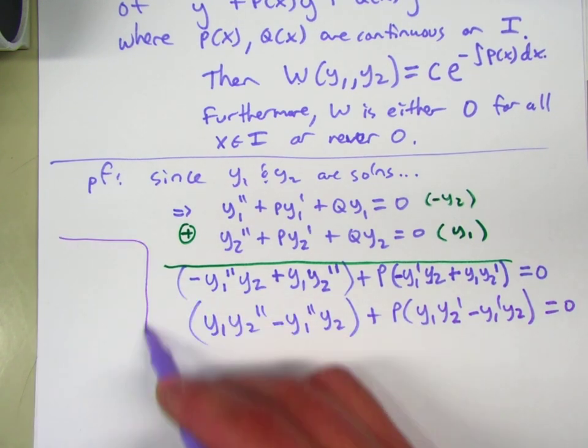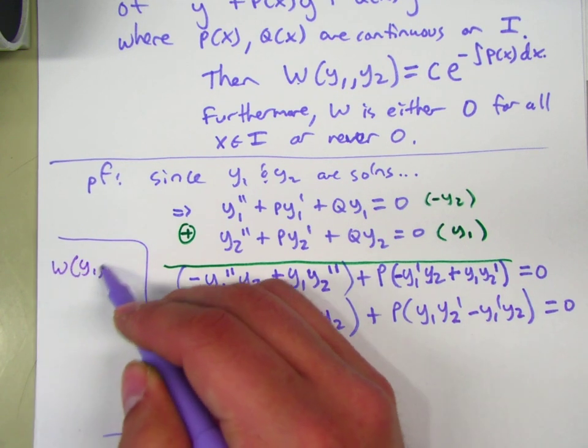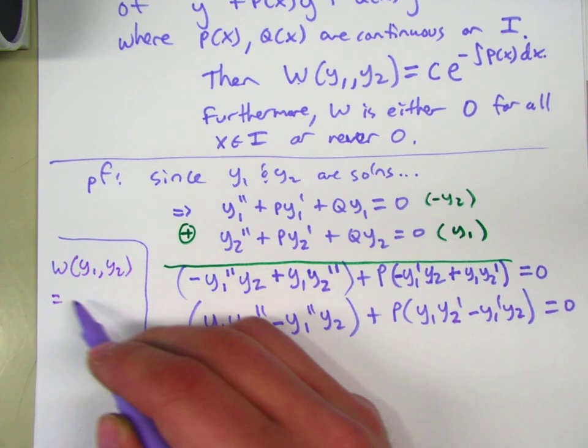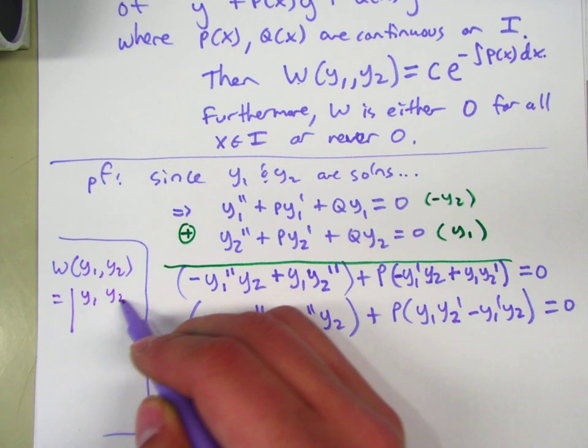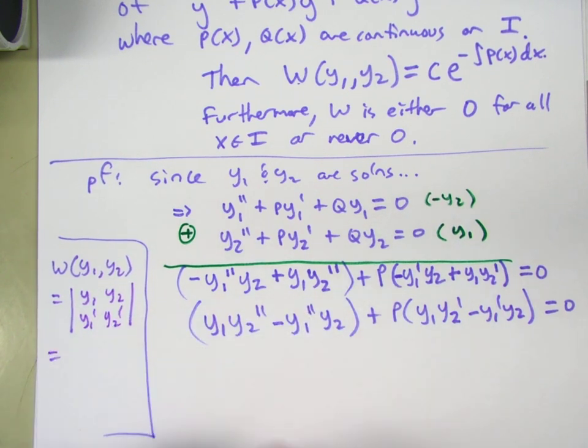Now, off to the side, in case you don't recognize it, let's show what the Wronskian is again. What would the Wronskian for y1, y2 be if we wrote out the formula for it?